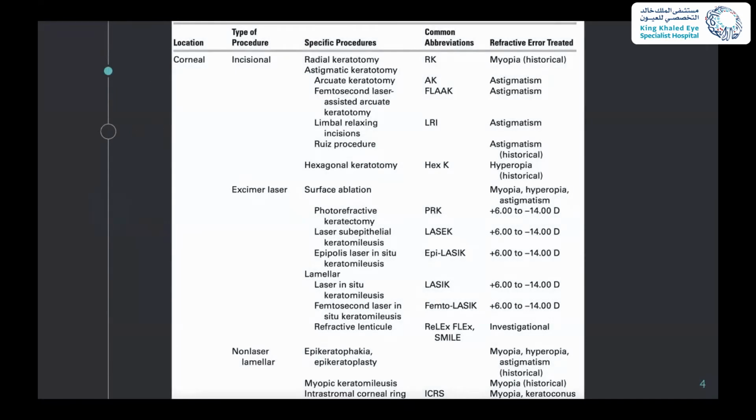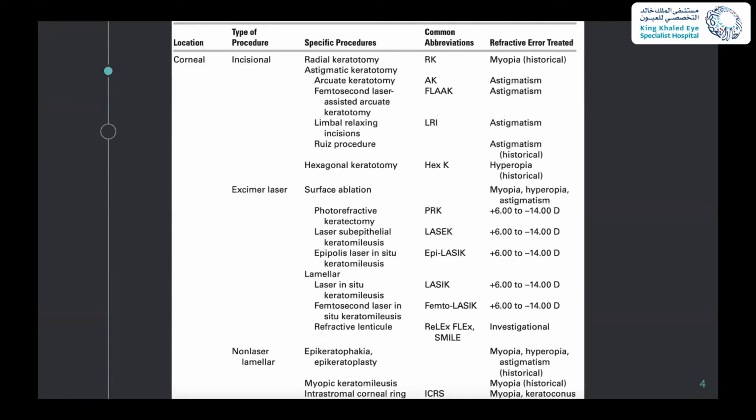Generally speaking, refractive surgery can be based on the cornea or based on the lens. Either surface procedures, in cases of incisional procedures such as radial keratotomy or, for example, limbal relaxing incisions.